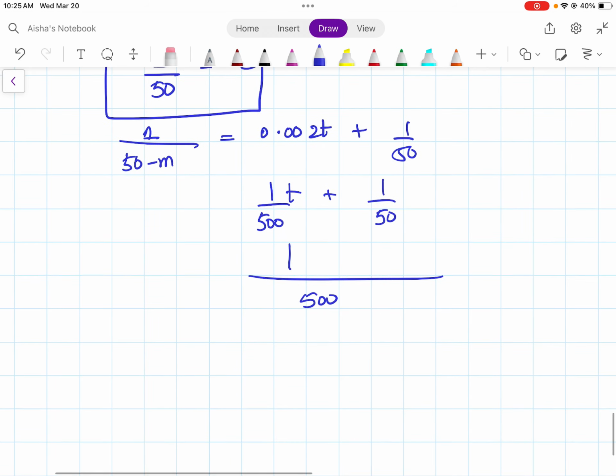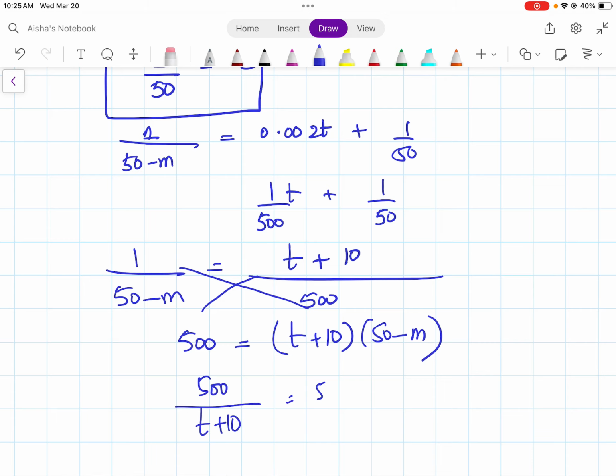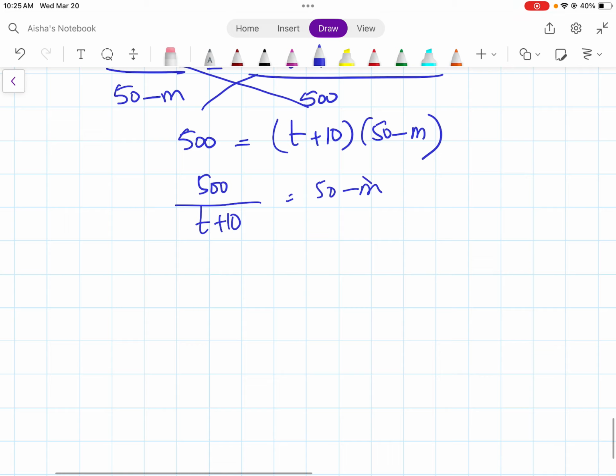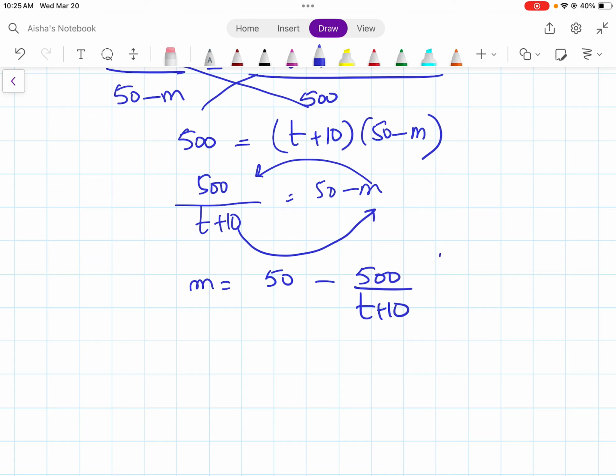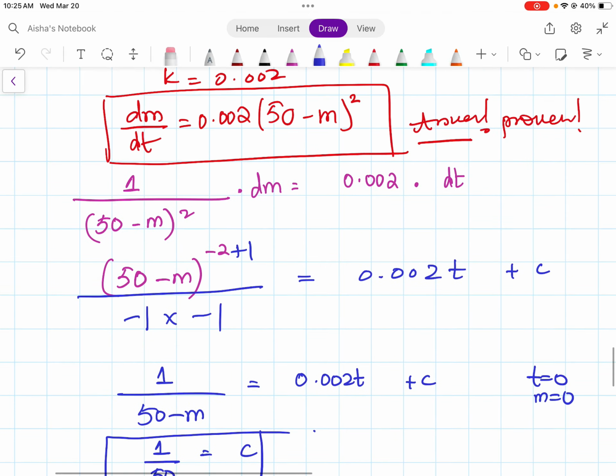So if 500 is the LCM, cross multiply, this m comes here, this entire fraction goes there. Proven.